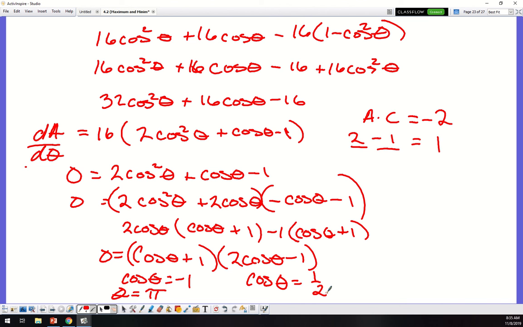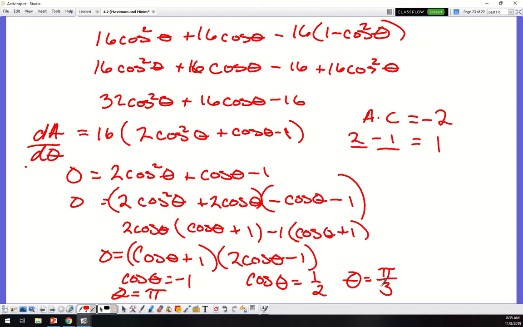No. Pi over 3. Very good. Yes, it's pi over 3. So theta is going to be pi over 3. Okay, theta is going to be pi over 3, and theta is going to be pi.